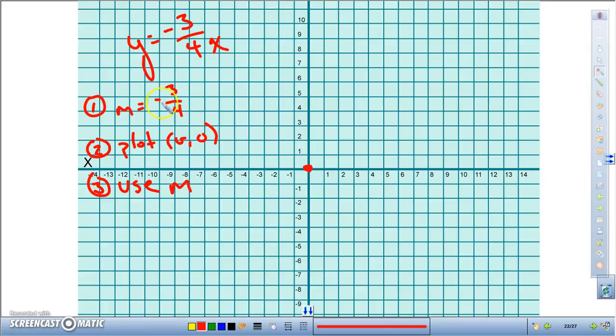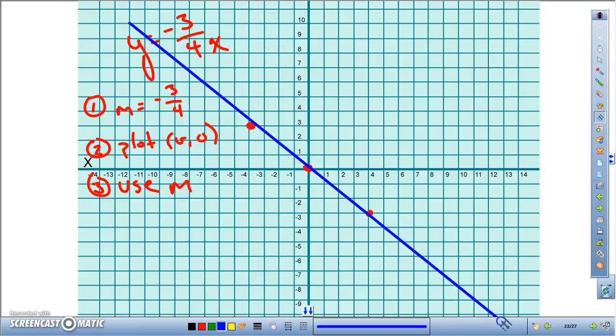Okay, so I can either go down 3, right 4, like so. 1, 2, 3, 1, 2, 3, 4. Plot a point there. Or I can go up 3 and left 4. And both of those have the same slope value of negative 3/4. And then once you get all your points, draw a line through all 3.